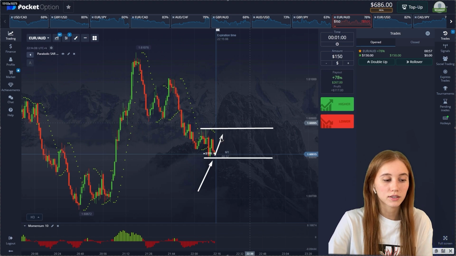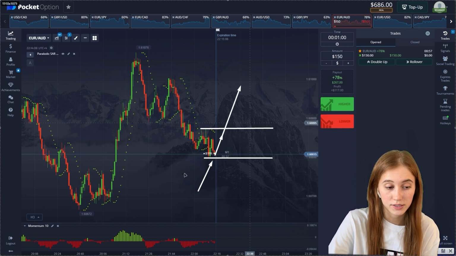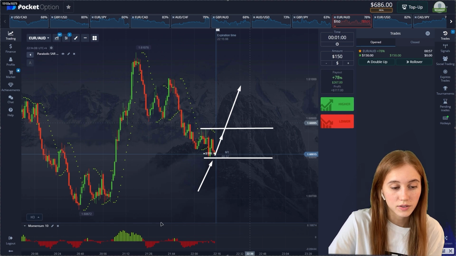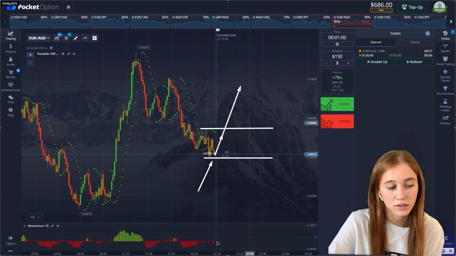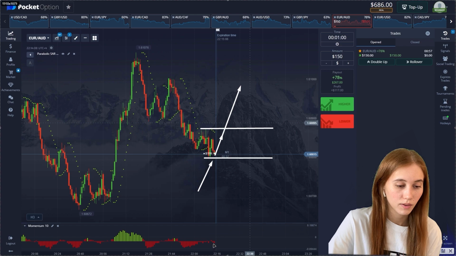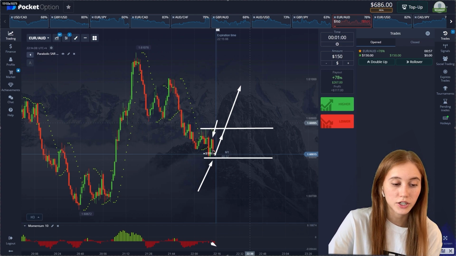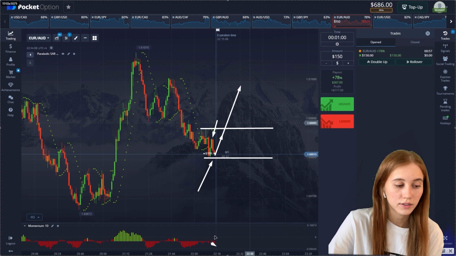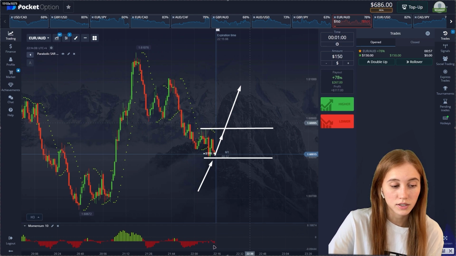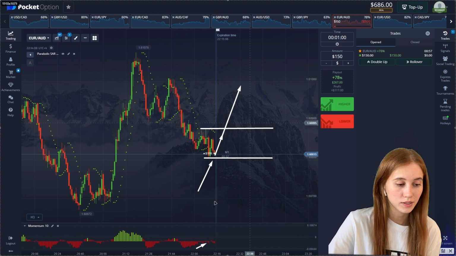Also, on the second indicator, we see that the red bars are starting to grow. We see that our period of consolidation is short, and in the meantime, this does not tell us anything. Let's see.